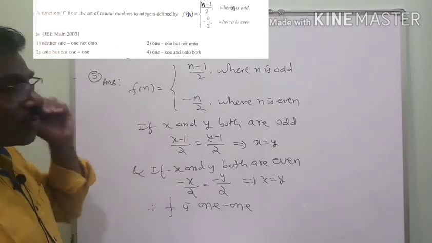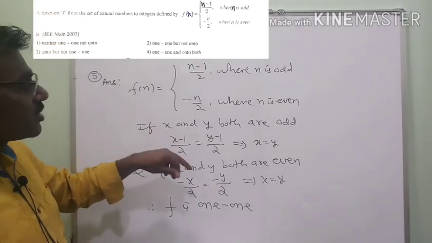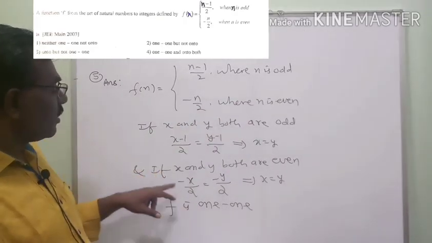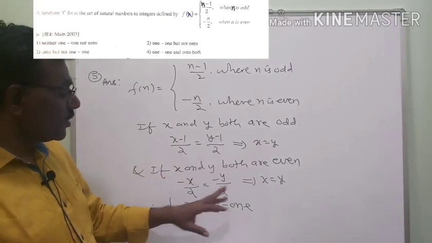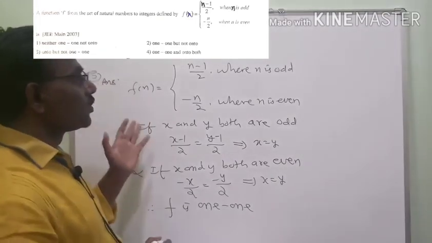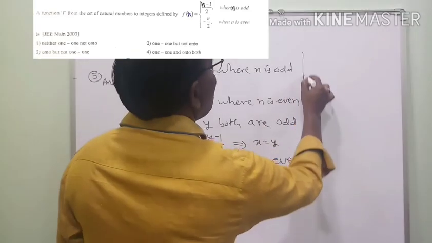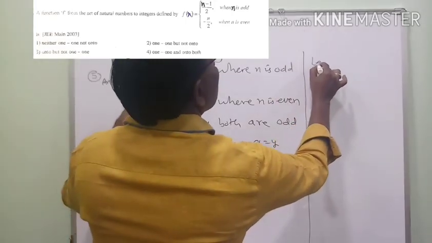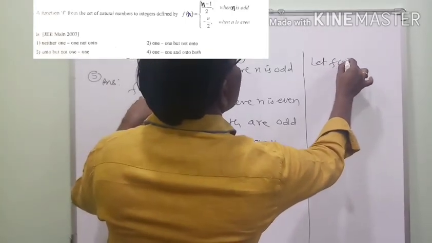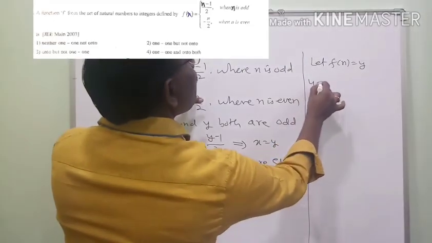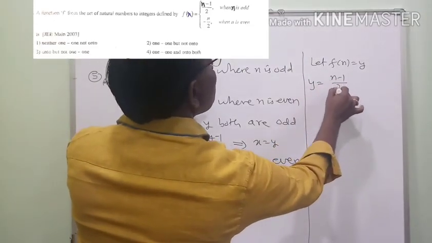See whether it is onto or not. Now it is 1-1 because if x and y both are odd, x is y, and if x and y both are even, x is y. Now whether it is onto or not. See, let f of n is equal to y. I am taking y equal to n minus 1 by 2.